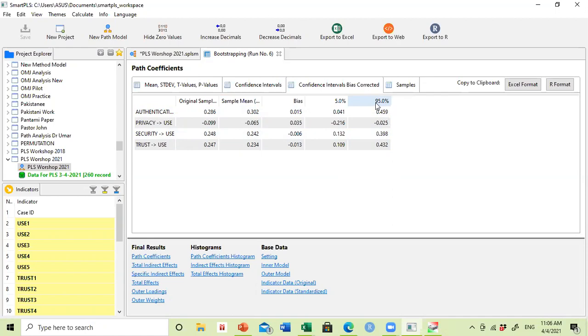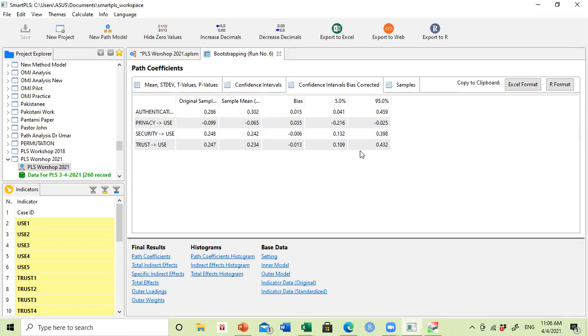You look at it and check whether there is a different sign: plus, plus, or negative, negative. There shouldn't be any zero in between.